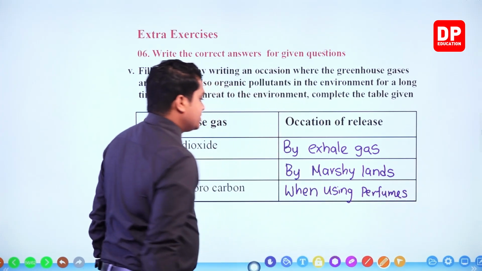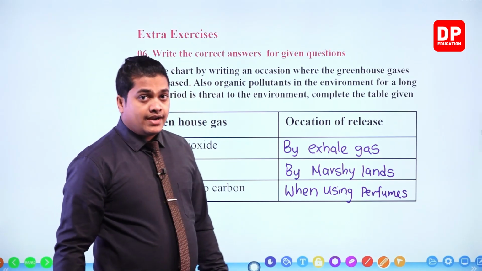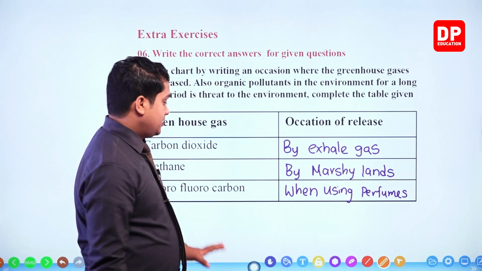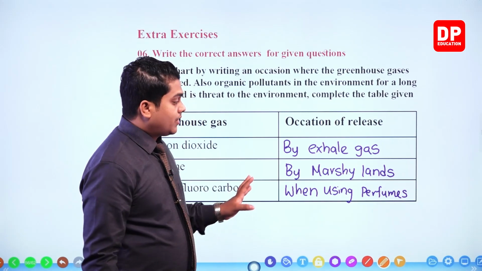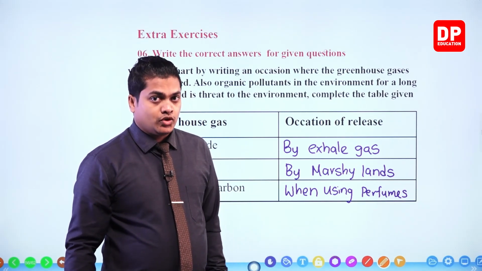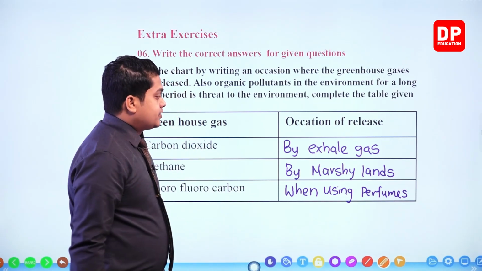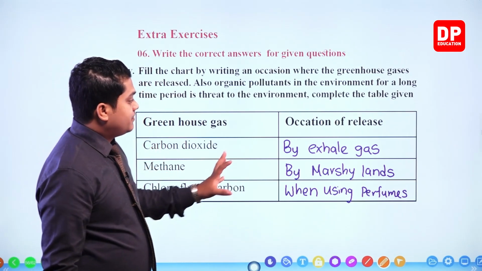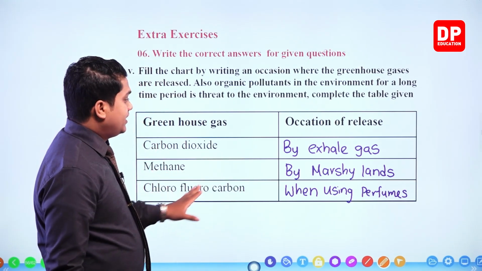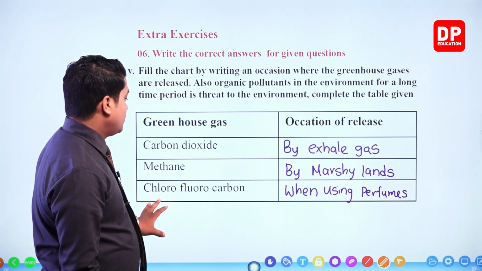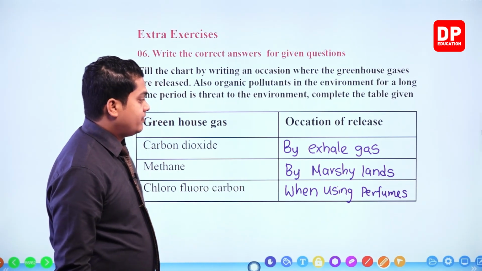When used in perfumes, refrigerators and air conditioners, CFC gas or chlorofluorocarbon can be emitted to the environment. Okay. Right then. So, carbon dioxide by exhaled gas, methane by marshy lands, then chlorofluorocarbon when used in perfumes.